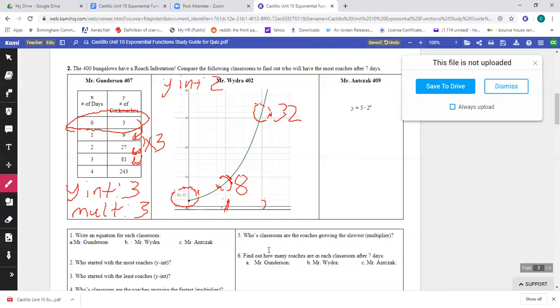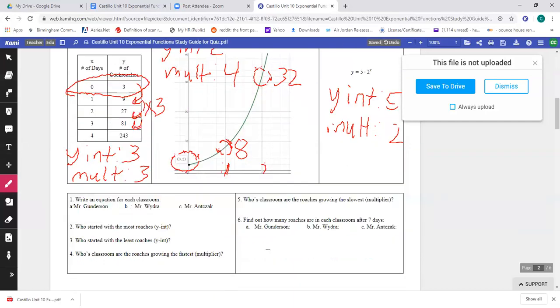So what am I multiplying by? 4. Okay. And then for Mr. Anzac, it's really easy. Your y-intercept is 5. And then your multiplier is 2. Okay.